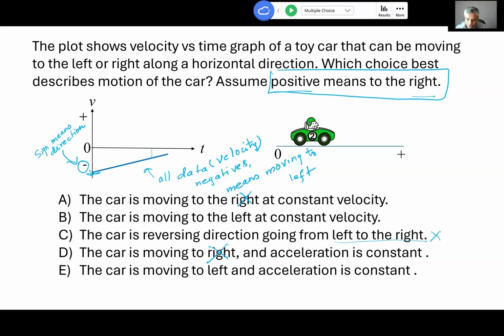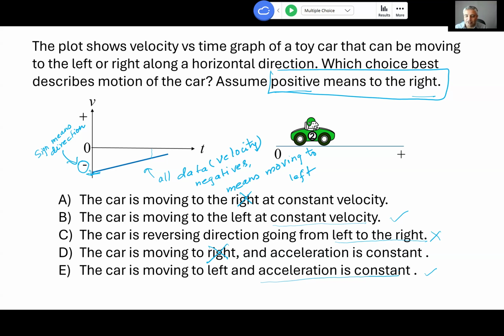So now we are simply left with B or E. What's the difference? Constant velocity versus constant acceleration. Constant velocity means the object is not accelerating, or acceleration is zero. For that, the slope of the line has to be zero. Which line? The velocity versus time graph line.